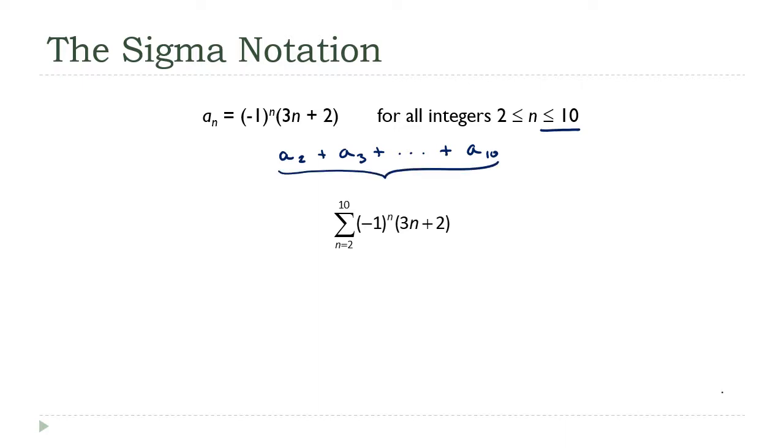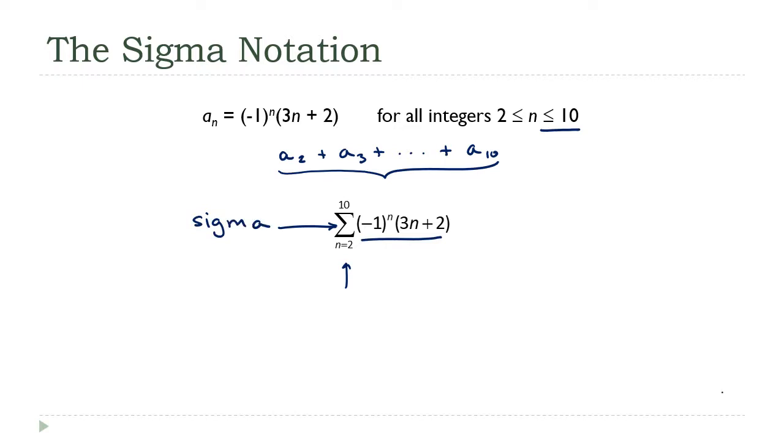We've got the same formula for the nth term. And what I've done is I've condensed the domain into this initial part here. This big symbol in the middle here is the Greek letter sigma. It's a capital sigma.